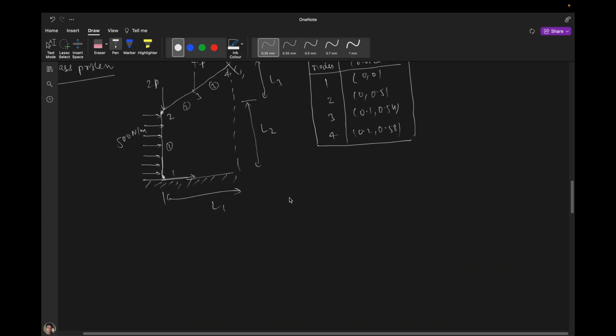So if I talk about one element, suppose there is one general element.